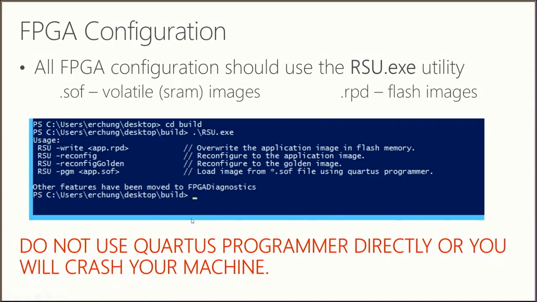Do not use the Quartus programmer directly, or you will crash your machine. If you accidentally use it, you probably need to reinstall the driver and reboot the machine. rsu.exe needs administrator privilege, so you probably need to open a command window as an administrator and run the utility.